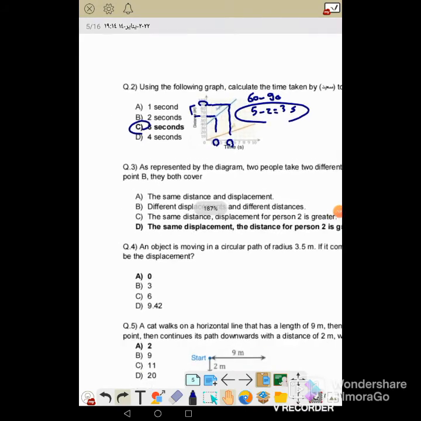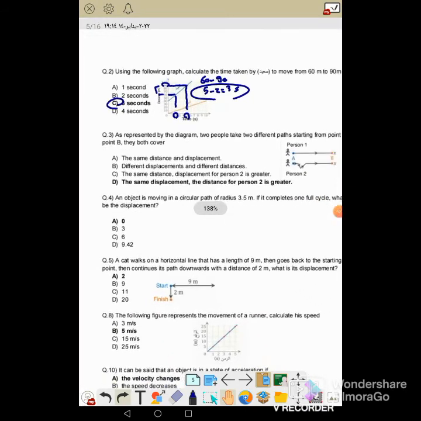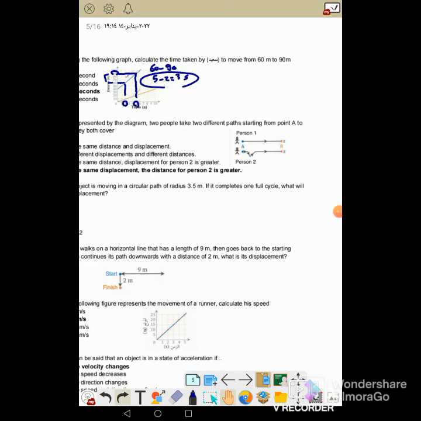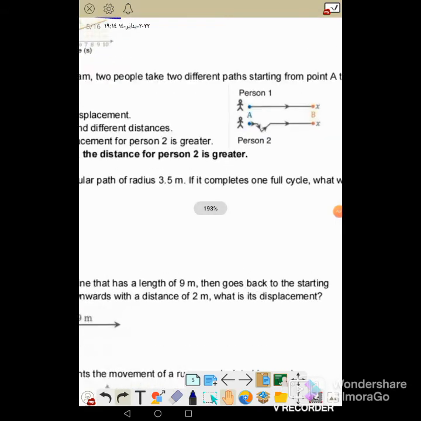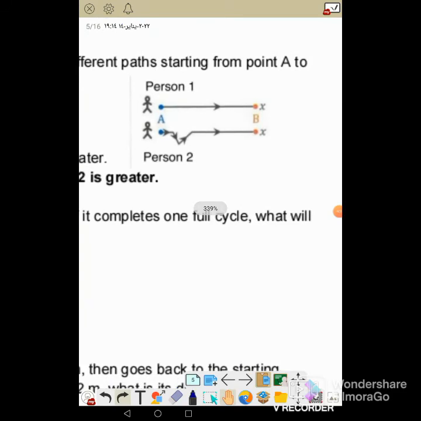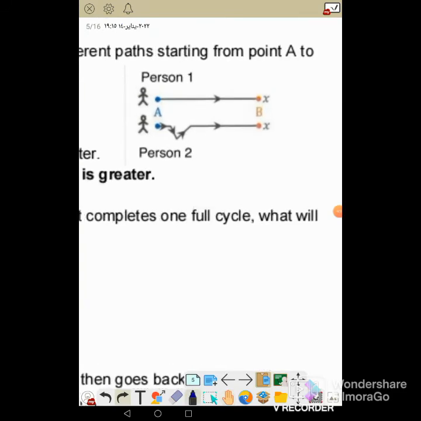As represented by the diagram, two people take two different paths starting from point A to point B. What is the difference between distance and displacement? Distance refers to the whole path the object moves, but displacement is the directed distance from the starting point to the ending point.